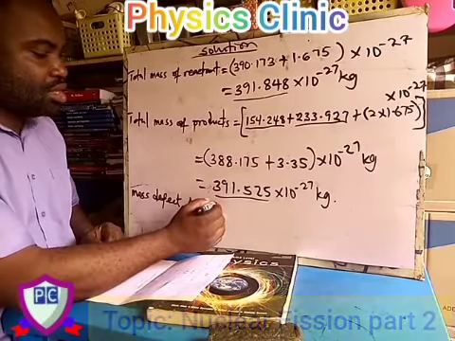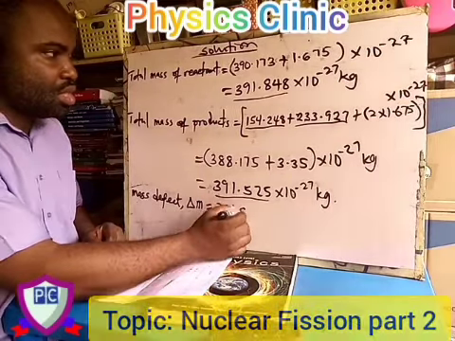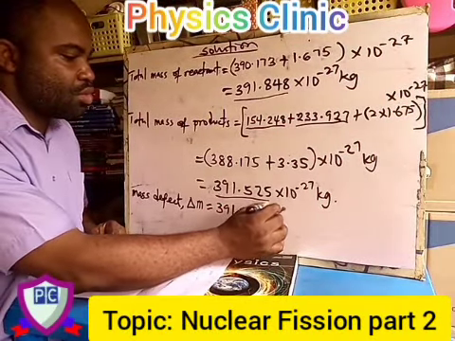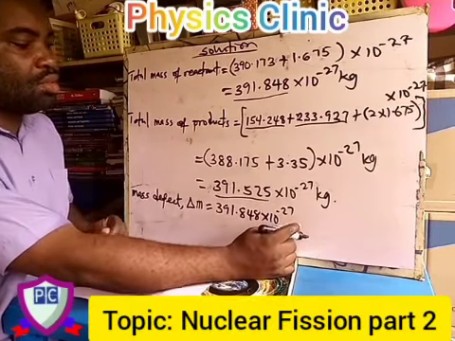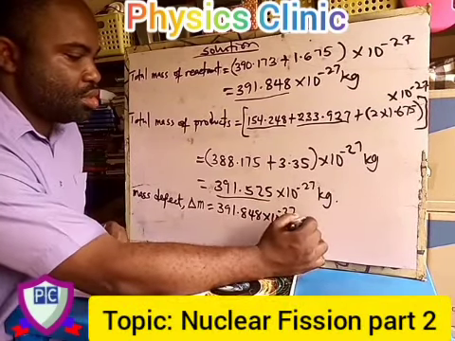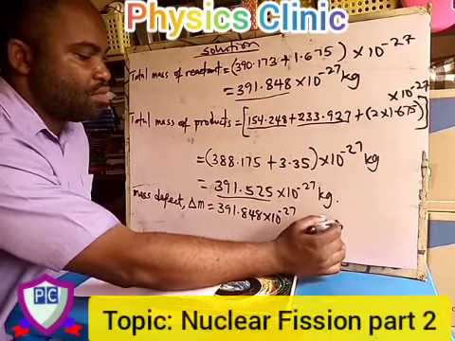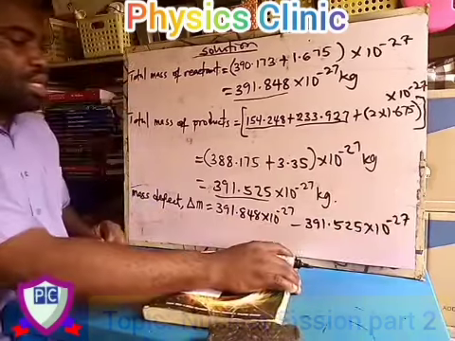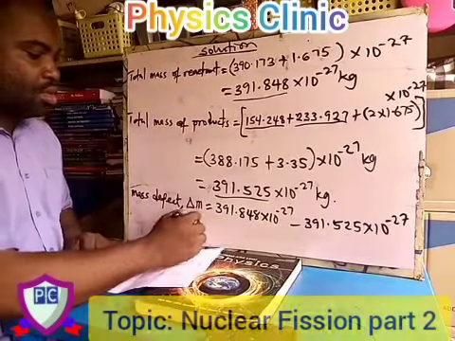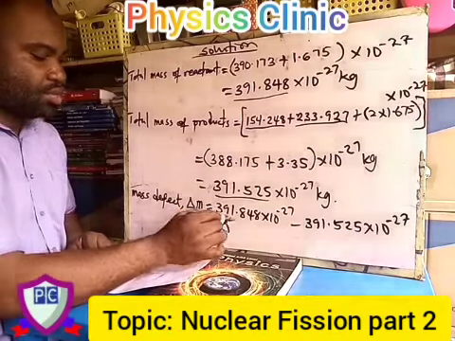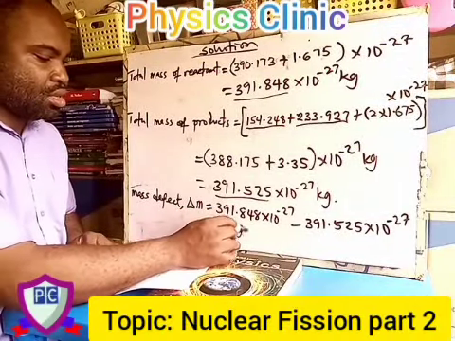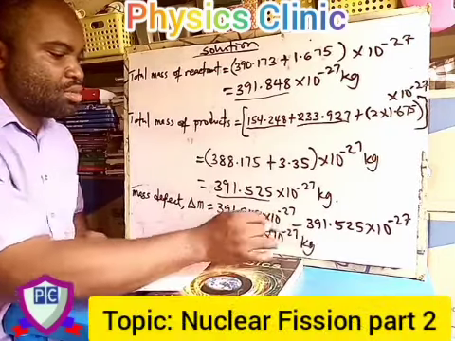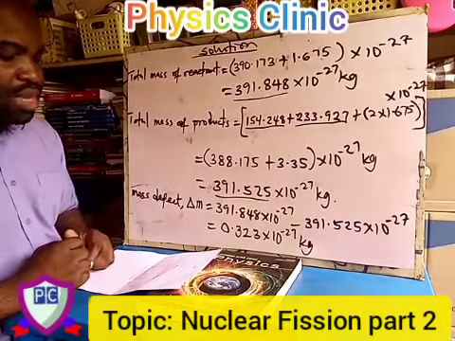The mass of reactant is 391.848 times 10 raised to the power minus 27 minus the mass of the product, which is 391.525 times 10 raised to the power minus 27. If you subtract correctly, you are going to have the mass defect to be 0.323 times 10 raised to the power minus 27 kilograms. This is the mass defect.